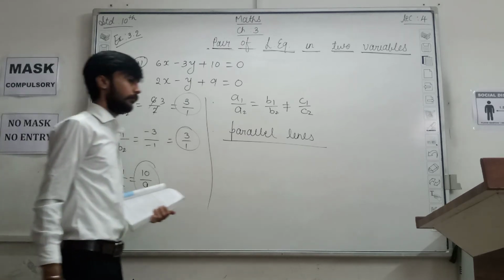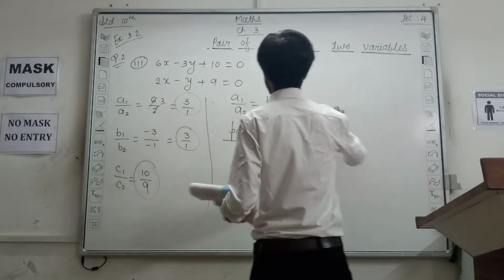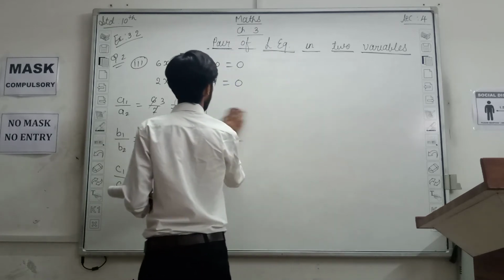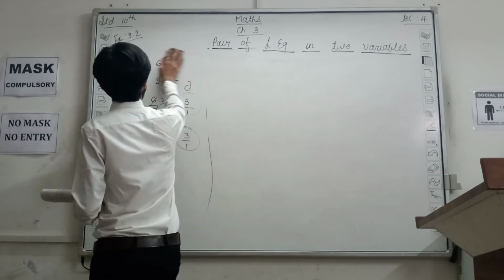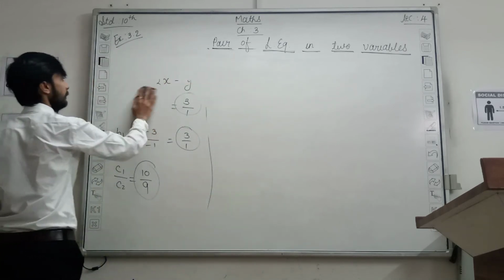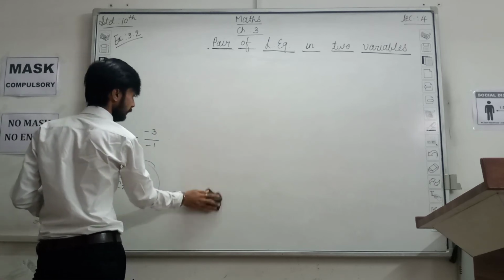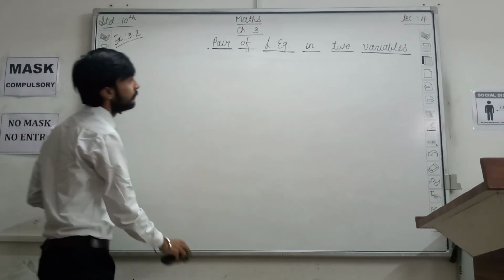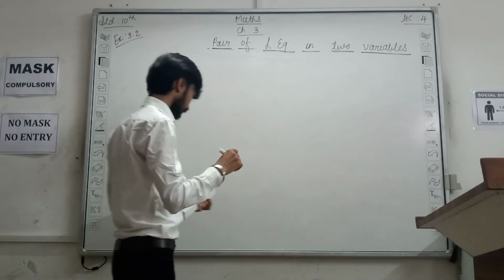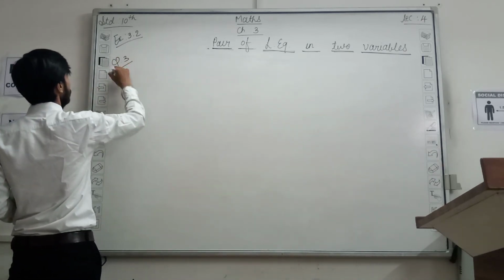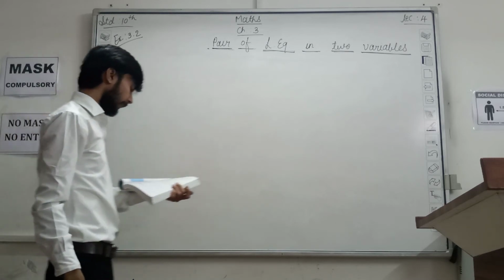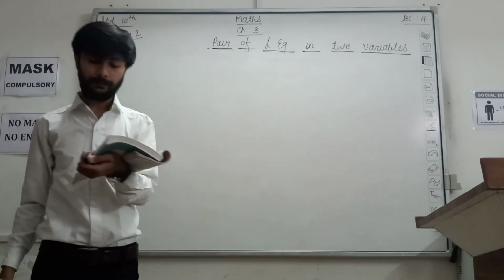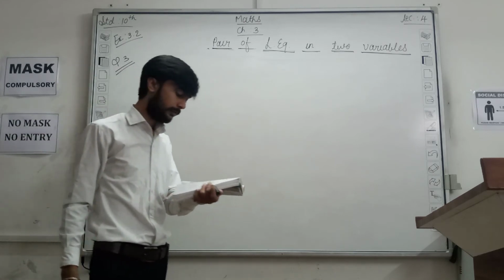Now, number 3. On comparing the ratios a1 upon a2, b1 upon b2 and c1 upon c2, find out whether the following pair of linear equations are consistent or inconsistent.